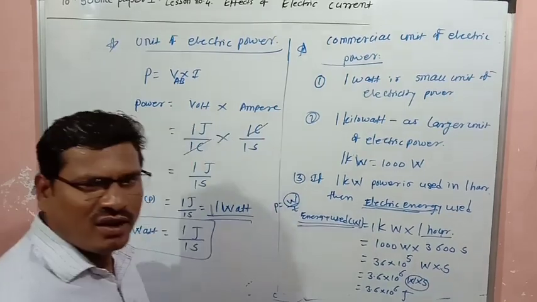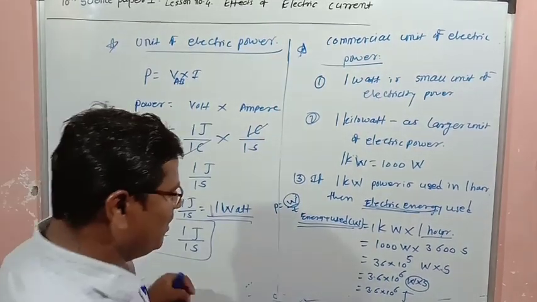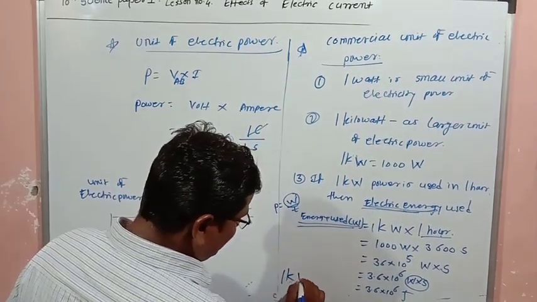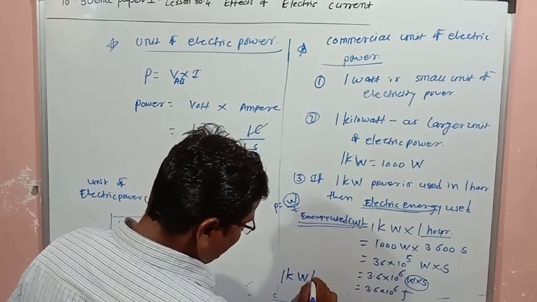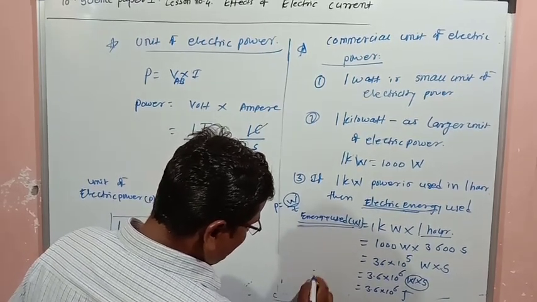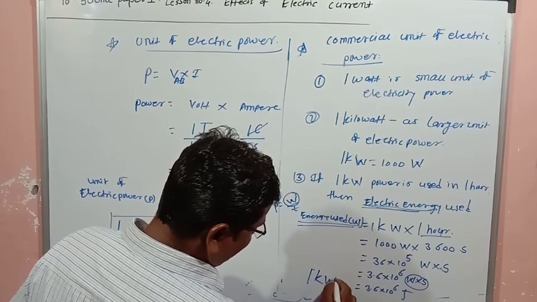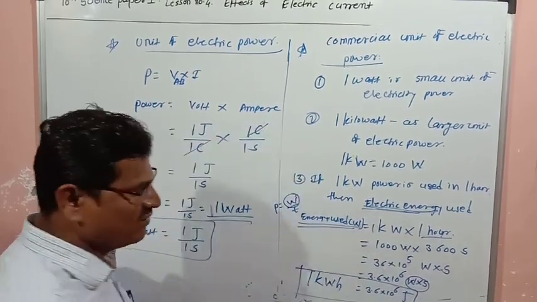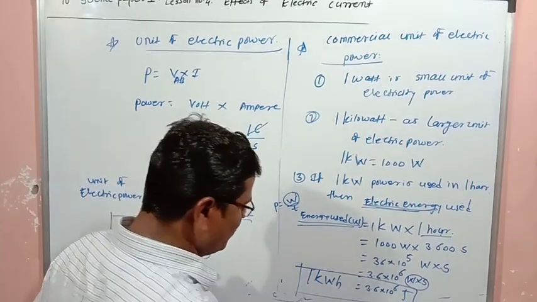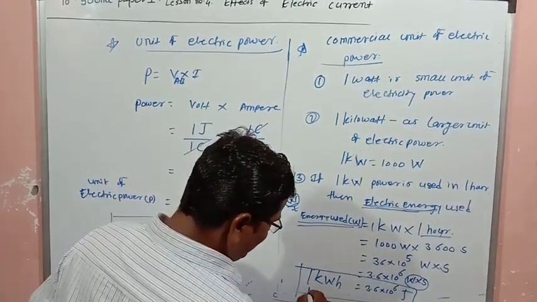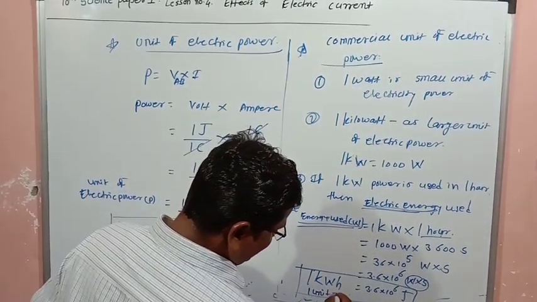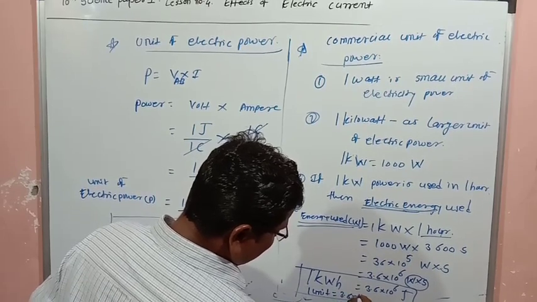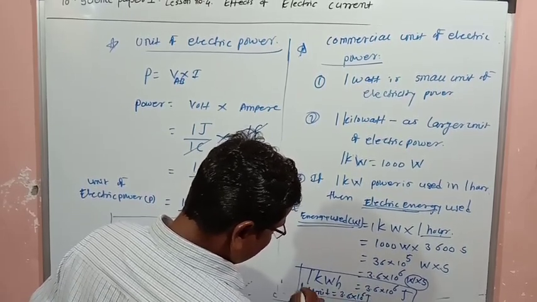So 1 kilowatt hour is equal to 3.6 into 10 raised to 6 joule, and this is called 1 unit. 1 unit is equal to 3.6 into 10 raised to 6 joule.